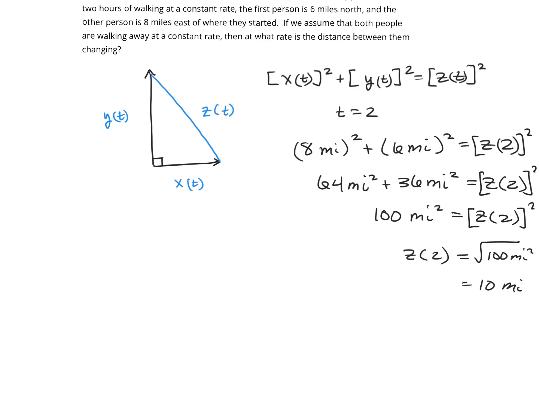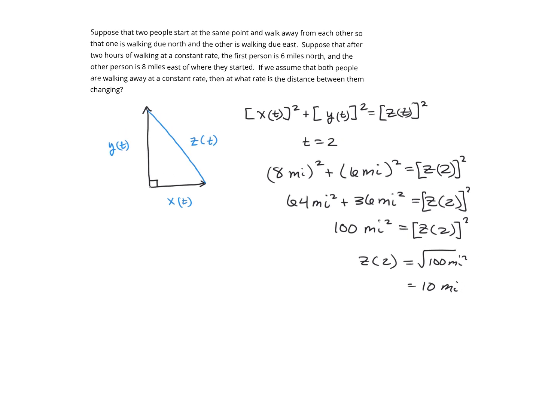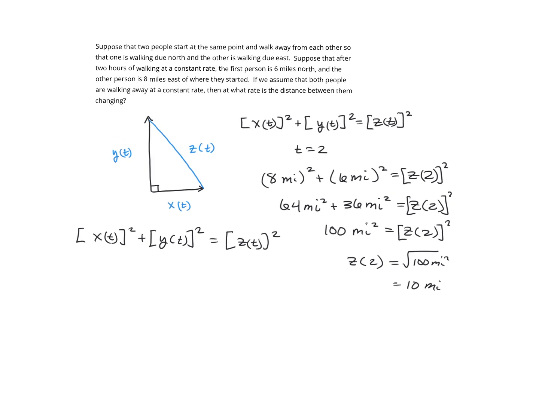All right, so the next thing to do is now turn this back into our calculus problem, and we have to talk about the rates. So we can take our equation, which we know, and again, we'll just write it back over here. That's x of t squared plus y of t squared equals z of t squared. And so now we can take the derivative of both sides of this equation with respect to time. And again, it's sometimes helpful to write this as d/dt, just to remind ourselves that we're differentiating with respect to time.